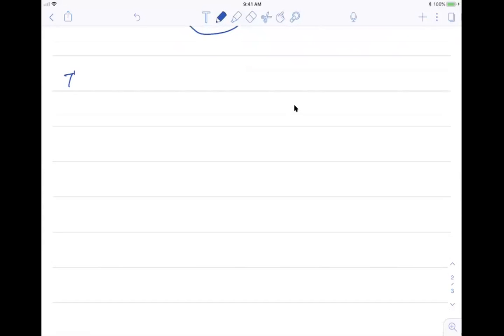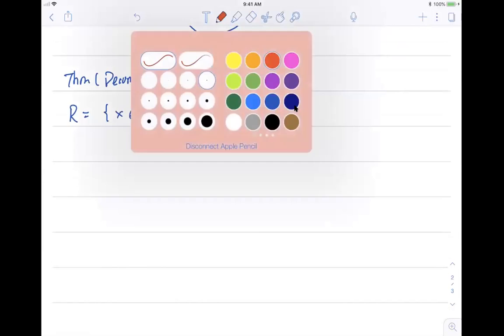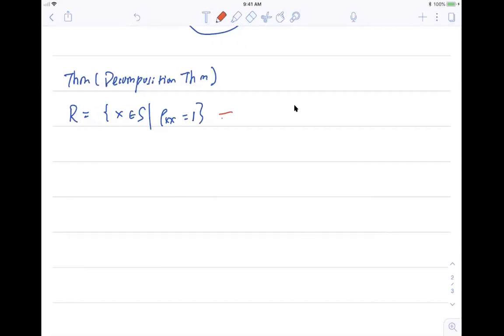Before that, let's recall the last theory, the decomposition theory we stated last time for Markov chains. What does this say? We write R for the set of all the recurrent states.